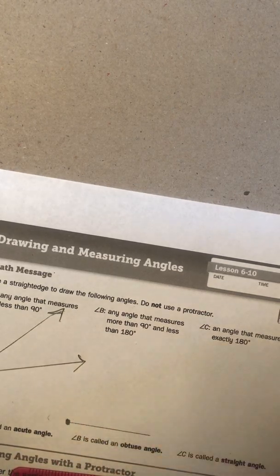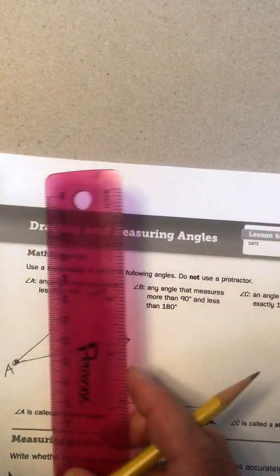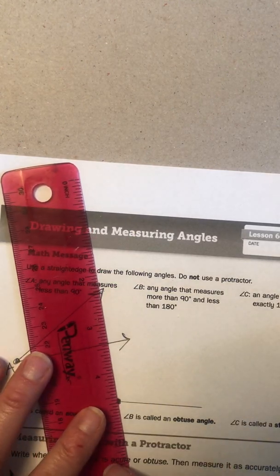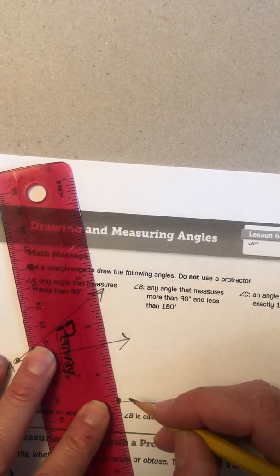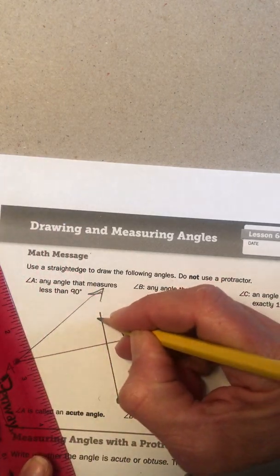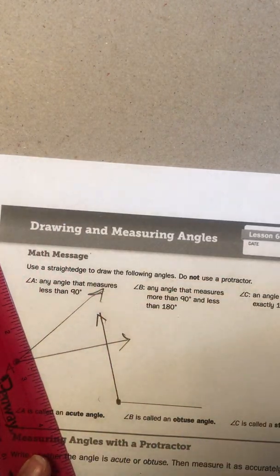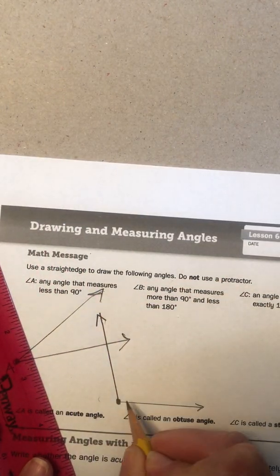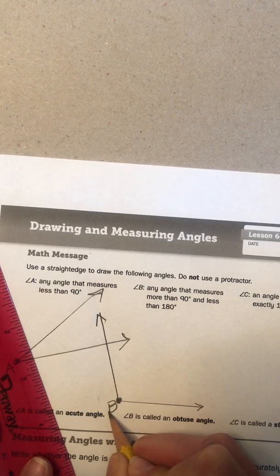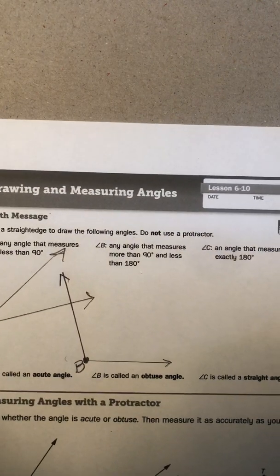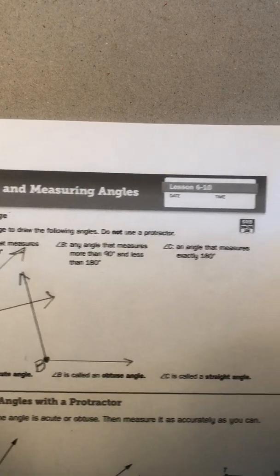Remember, I'm calling this angle B, and it might intersect with my previous one, but that's okay. I want to make that more than 90 degrees. And it's intersecting or crossing over, but that's okay. And I'm calling this angle B, so label the vertex B. That's called an obtuse angle.